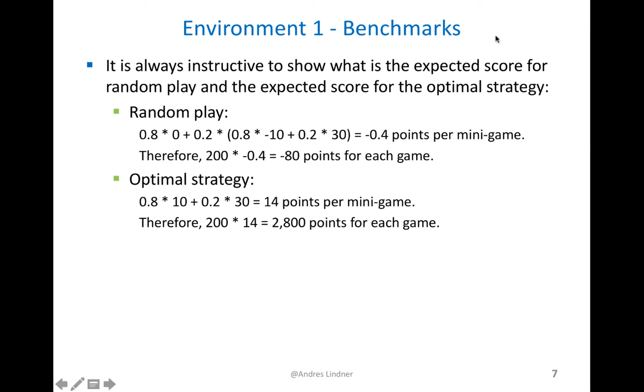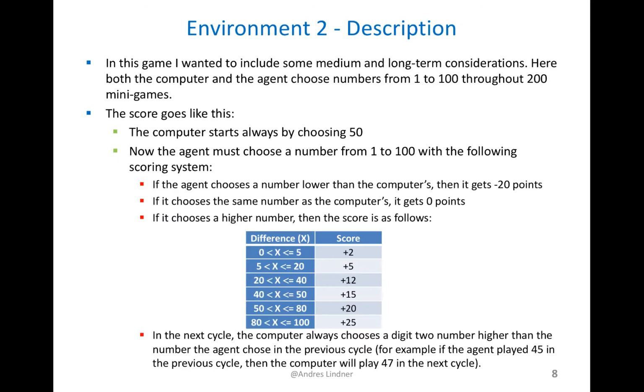We can see that on average we will get -80 points each game if we play totally randomly. And if we play the optimal strategy, we will get at most 2,800 points for each game. Again, each game is comprised of 200 stages or cycles, as I call them.